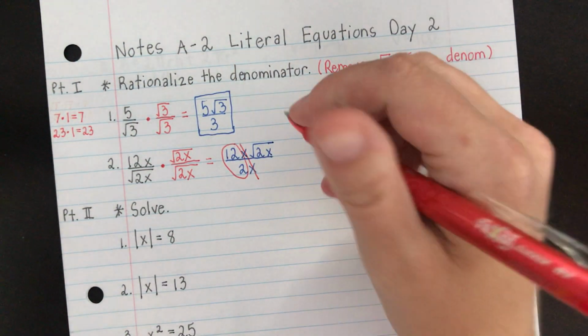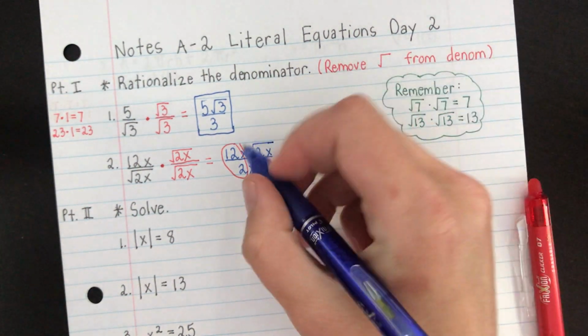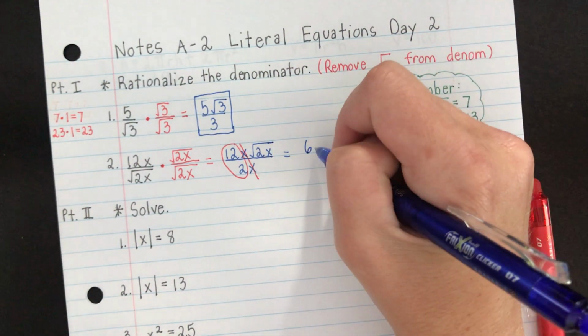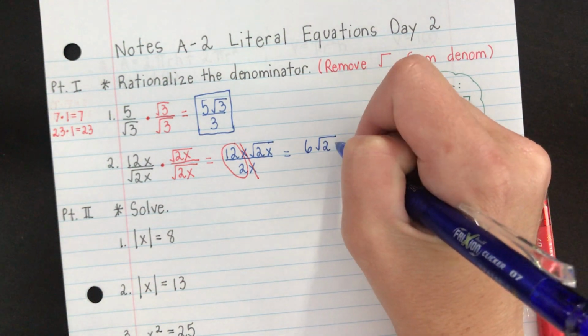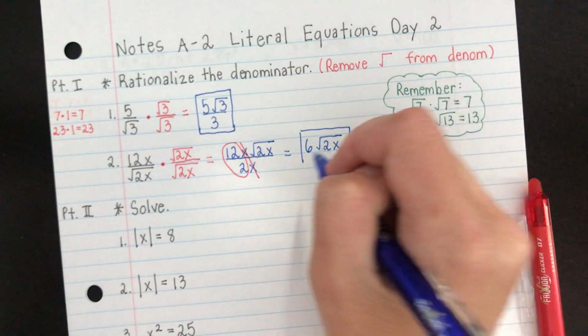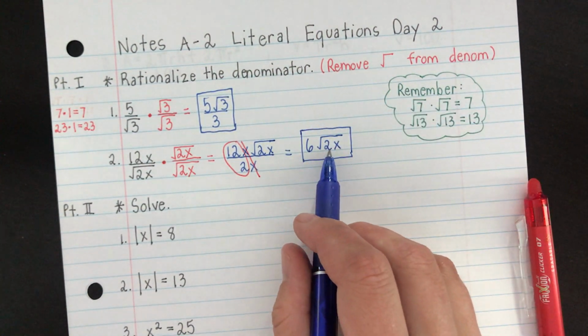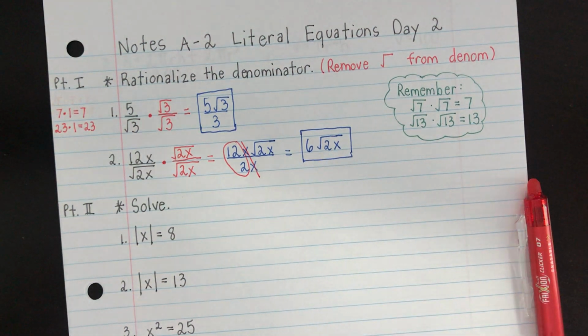So 12 over 2 becomes 6. Like I said, the x's simplified out, and then I've got the square root of 2x. So nothing in the denominator now. Again, we have rationalized the denominator. We have a radical, but it's in the numerator, so that's okay.